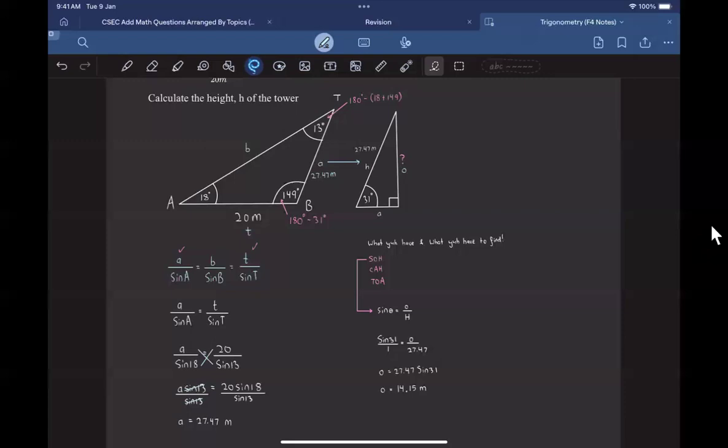Aliyah, where's that included angle? An angle that is in between two known sides. Yes. If I have a 90-degree angle triangle, what two rules am I going to use?